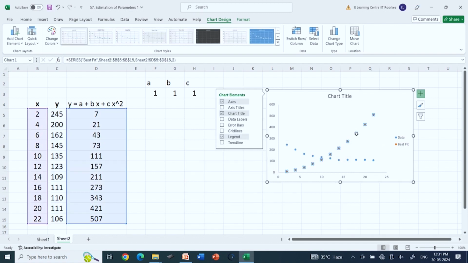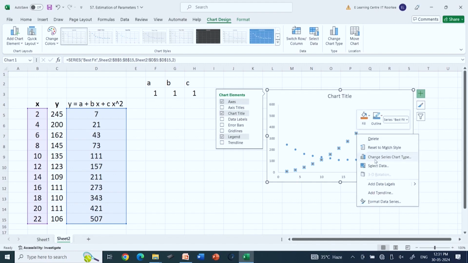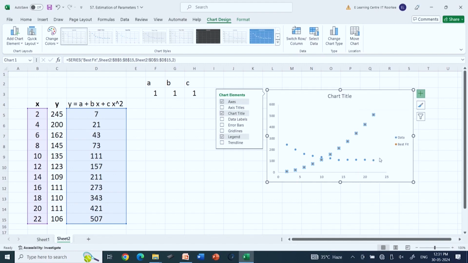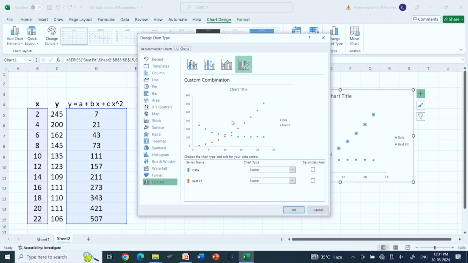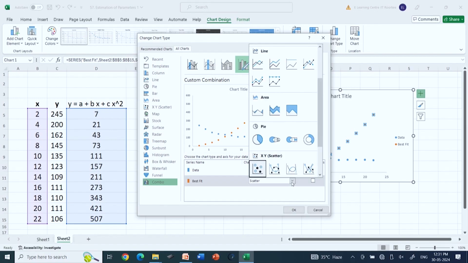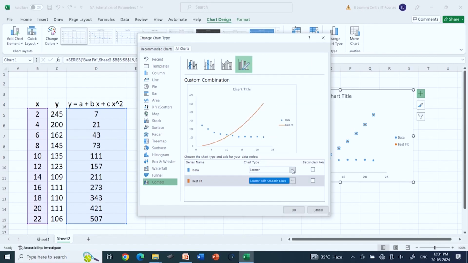And let's make this best fit. Change chart type and best fit, let's make it a line.